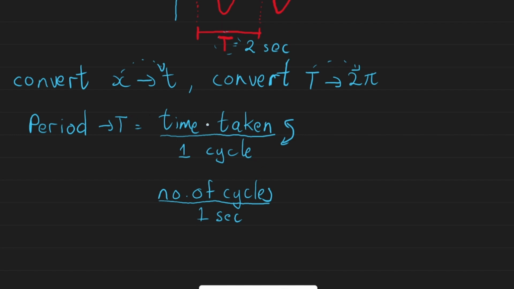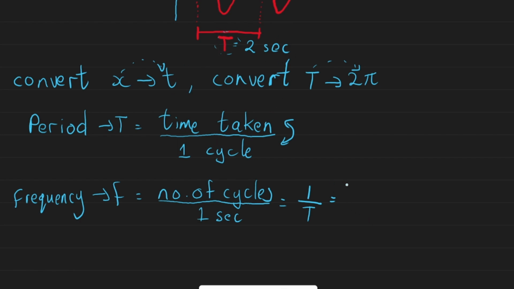So previously for the period, we have time taken to complete one cycle. So how many cycles are we completing in 1 second? So this is now what we're considering is the inverse of the period, right? So that is actually called the frequency. And it's the number of cycles divided by 1 second, and it's 1 over the period. And if we were to calculate it, we just gave the period a number.